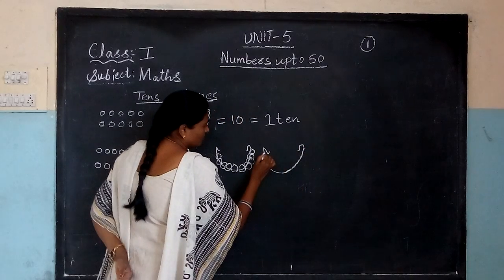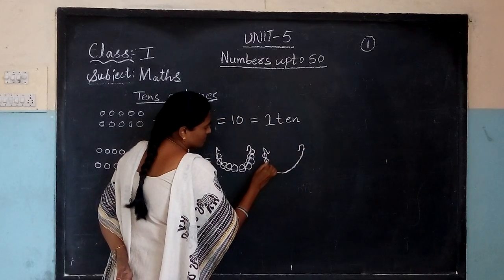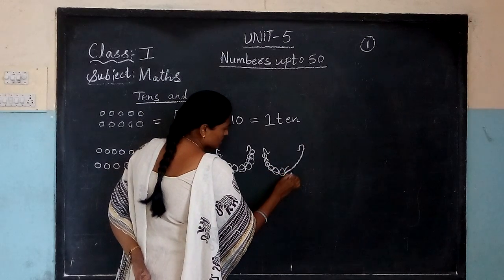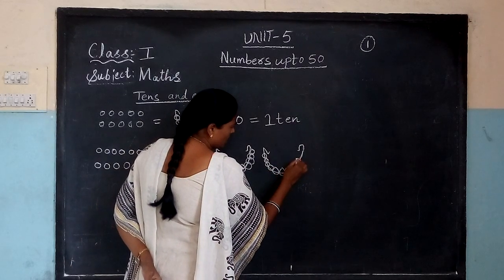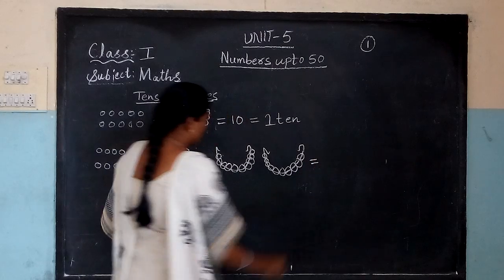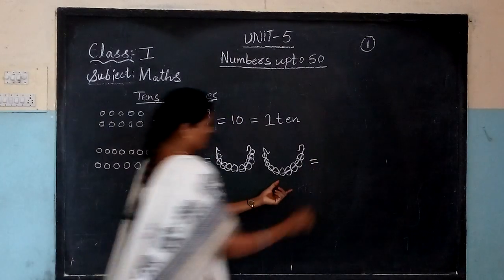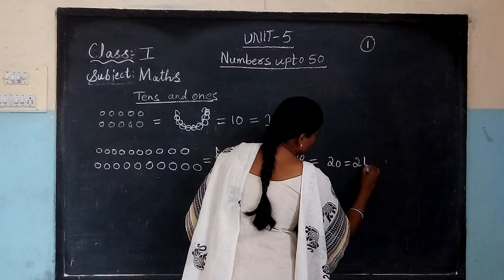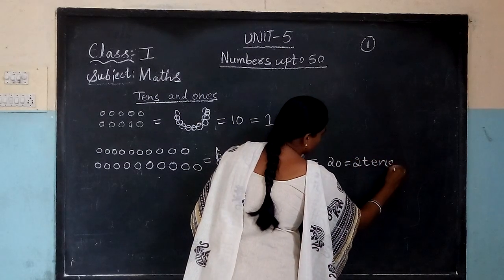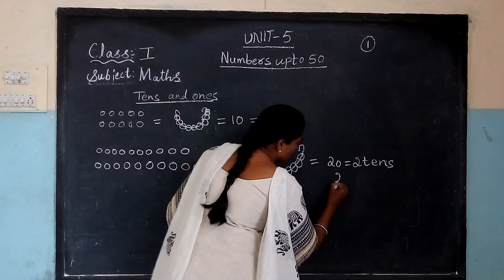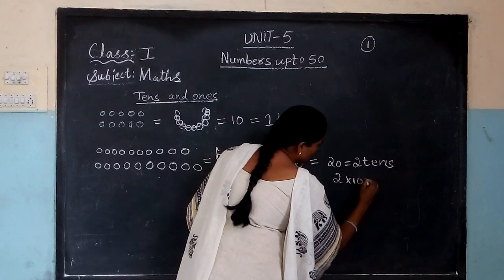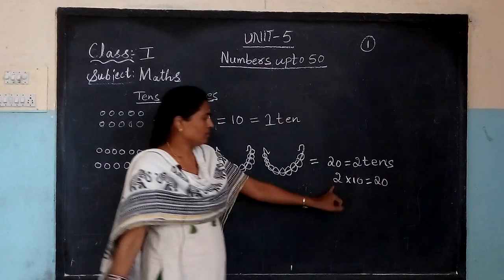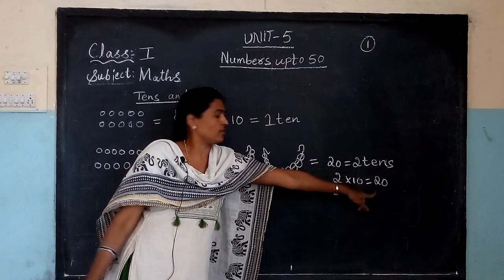Count here, 1 to 10. 10 plus 10 is 20. 20 is equal to 2 tens, because you are adding tens. 2 into 10 is equal to 2 tens, 20. You got it, no? 2 into 10, 2 tens means 20.